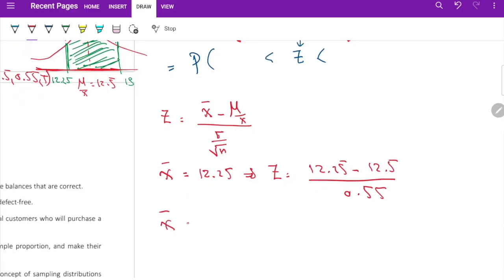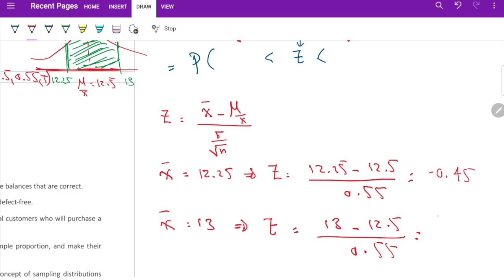When X bar is $13, the standardized value of the $13 is 13 minus 12.5 divided by 0.55. Let me get the answer for both. This is going to be negative 0.45, and this is going to be 0.909.